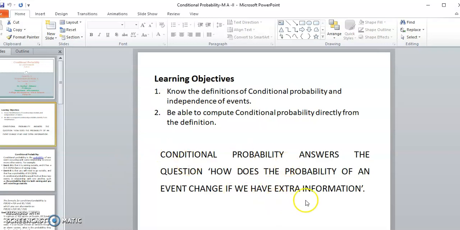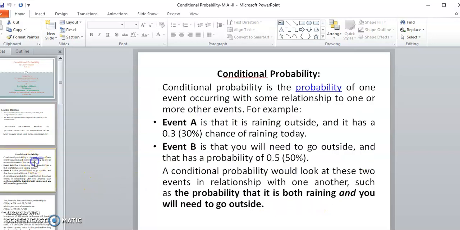Actually, conditional probability answers the question: how does the probability of an event change if we have extra information? It is the probability of one event occurring with some relationship to one or more other events. For example, event A is that it is raining outside, with a 0.3, that is 30%, chance of raining today.